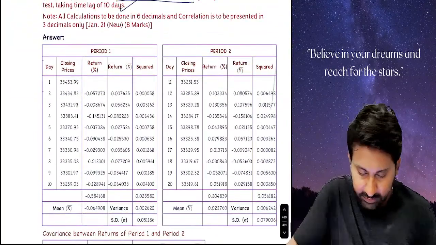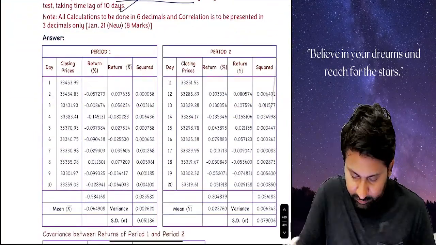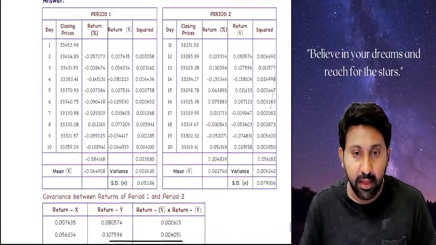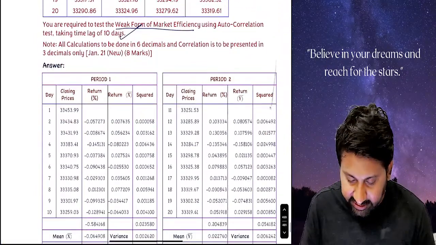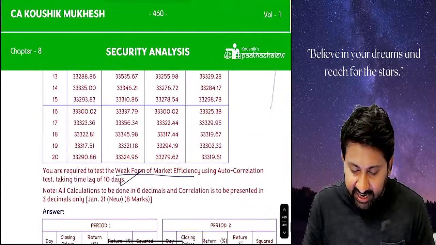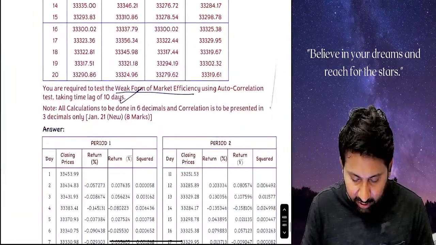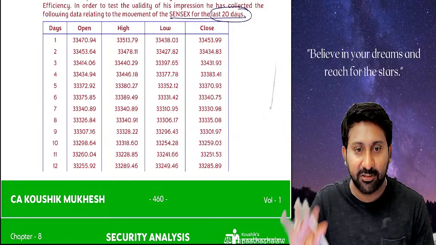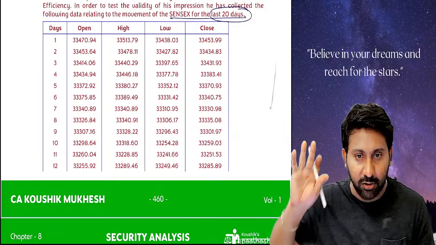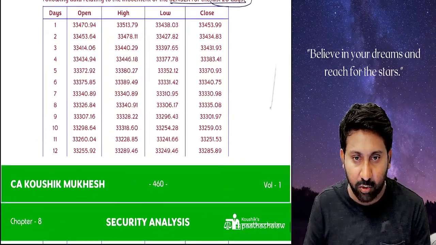How to do it? See here. I am not going to do any calculations now and waste your time; I am just going to show you. Sir, are the higher and lower prices given or not? Higher, lower prices are irrelevant for us. What is relevant is opening and closing.